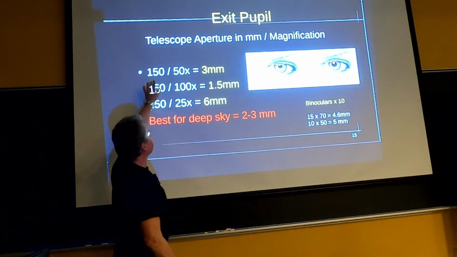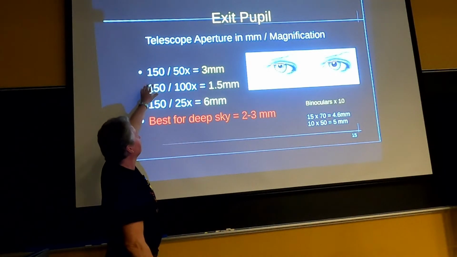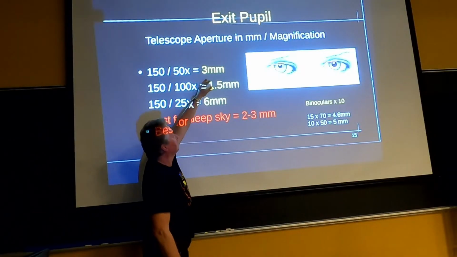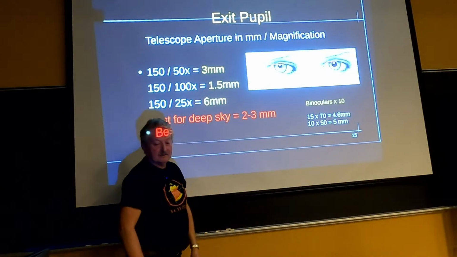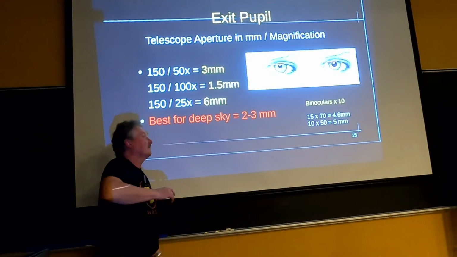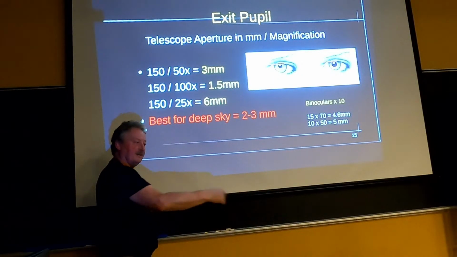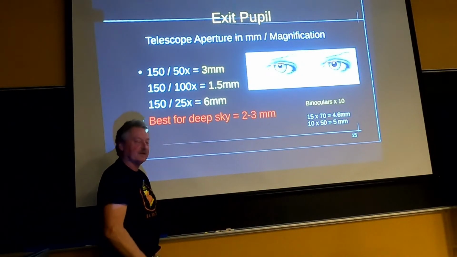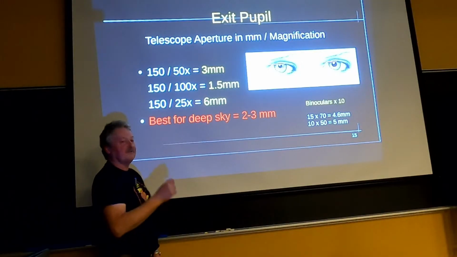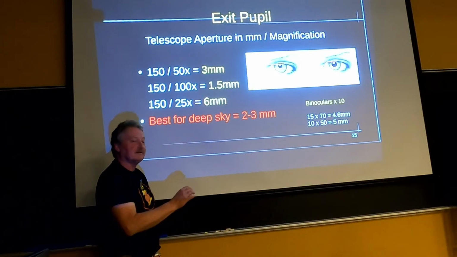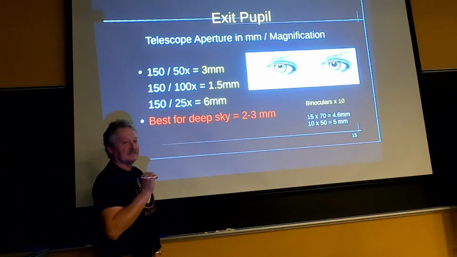Well, we can take my 6-inch, my 150, and if I multiply it by 50, I only get a 3 millimeter. But if I use my 1500 millimeter long, 300 millimeter, 12-inch telescope, and put my 25 millimeter eyepiece in there, it gives me 60 times.